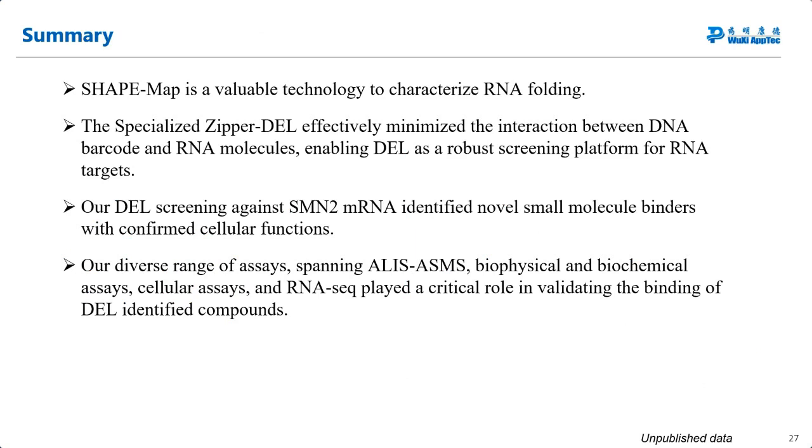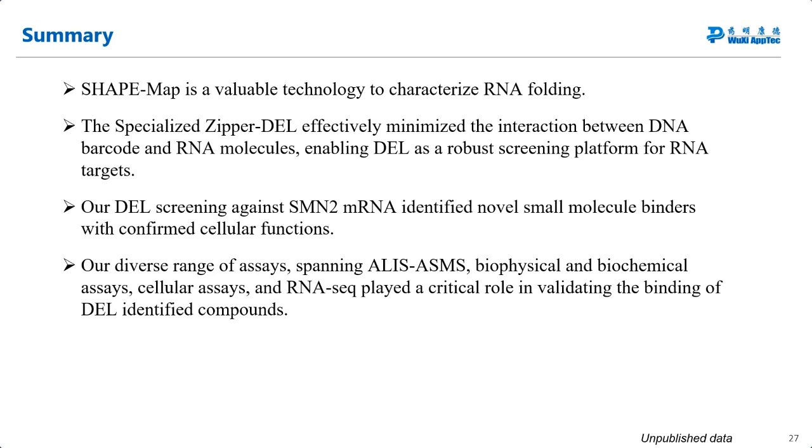Okay, I want to wrap up this story with a summary. We believe ShapeMap is a valuable technology in RNA research. It can quickly characterize RNA folding and serve as a judgment for your RNA folding by comparing the in vitro to the in-cell data, particularly useful for less explored RNA structures.